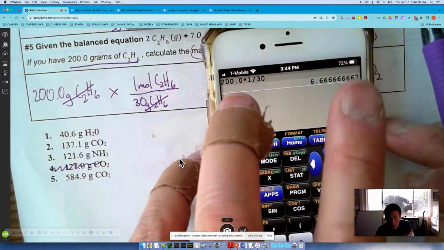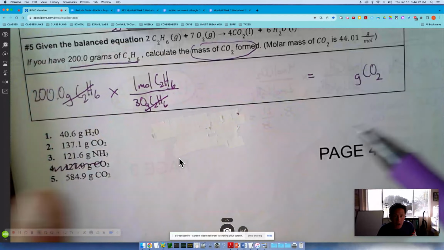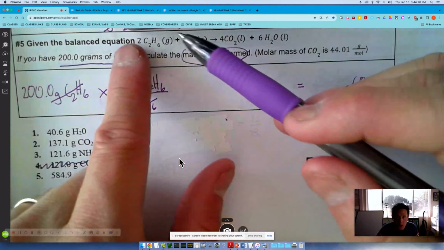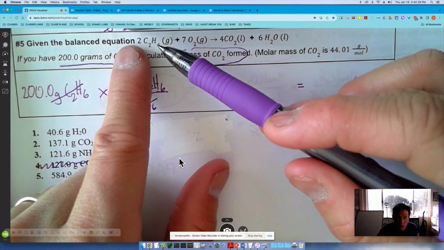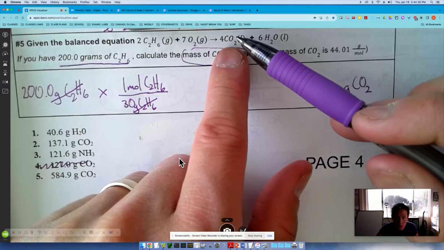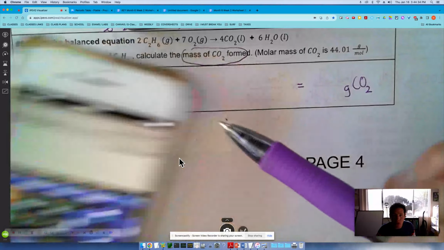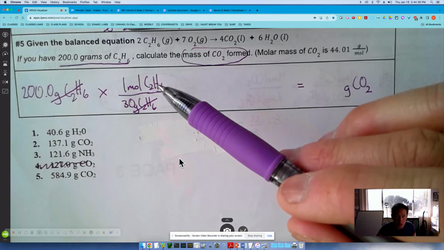But remember, I want to convert that using what I know here. For every 2 moles of C2H6, I could create 4 moles of CO2. Well, what if I had 6.6667 moles of C2H6?